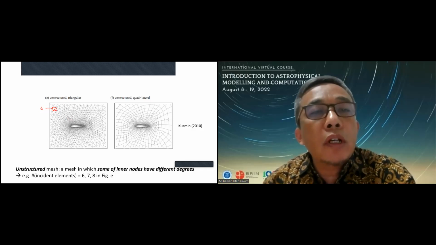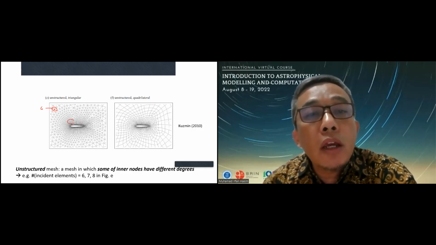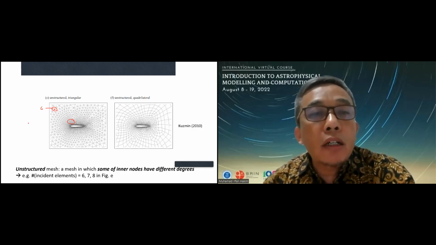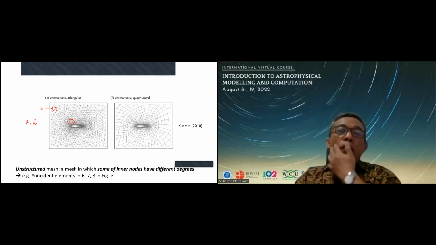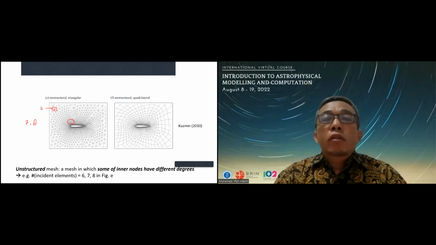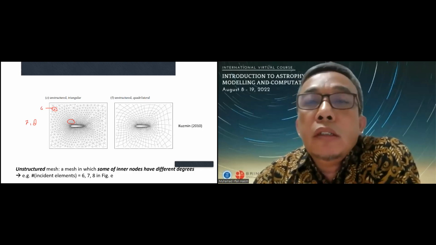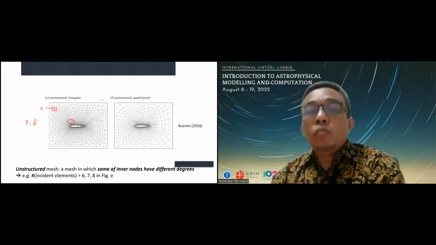Counting these internal spatial nodes, here we could inspect: there are some internal nodes which have 7 or 8 incident elements. So we call this example an unstructured mesh.